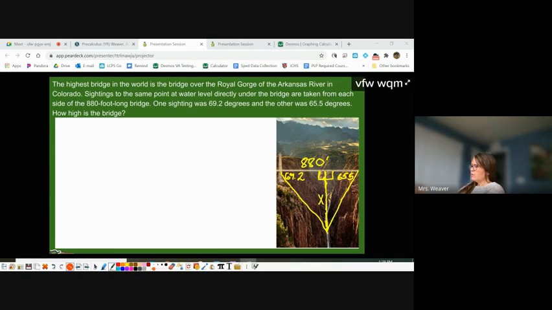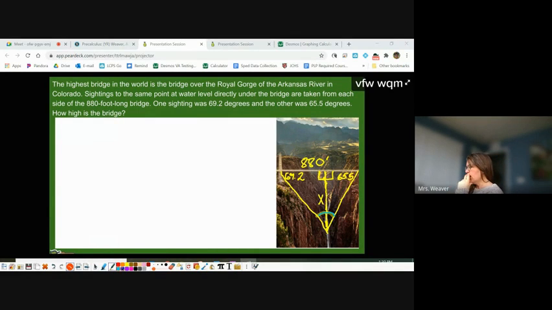Okay, I notice we only know one side of the triangle. Do we know the angle opposite of it? So the angle opposite that 880 is this big angle. Do we know that angle? No. Can we find that angle? You bet we can, okay?